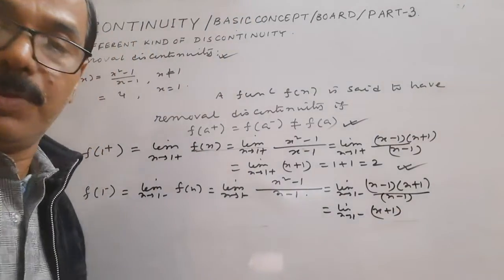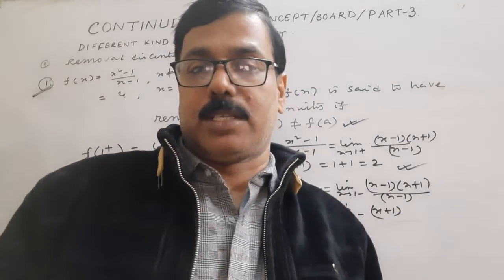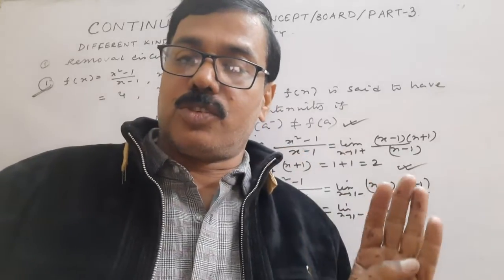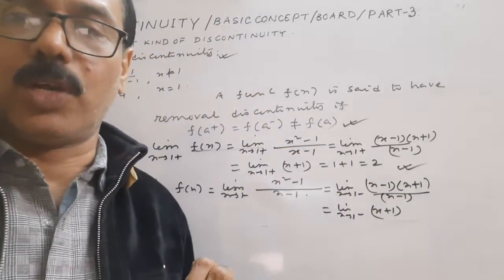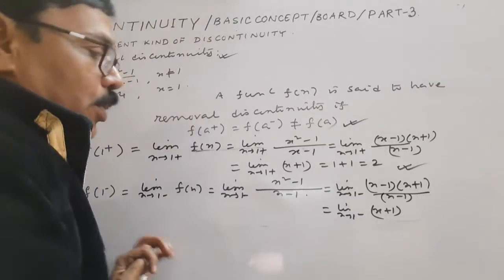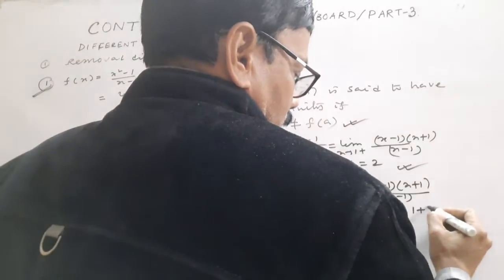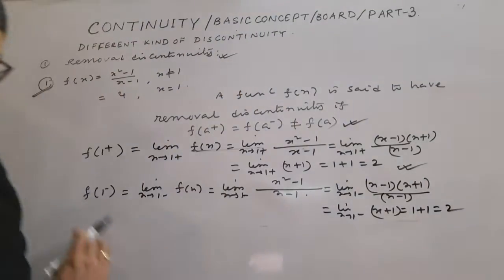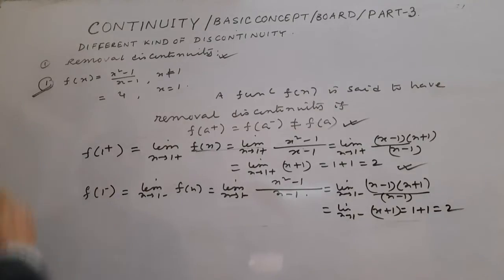Now I am saying repeatedly, x tends to 1- means we have to put x = 1, not -1. So this is 1 + 1 equals 2. So right hand limit 2, left hand limit 2.